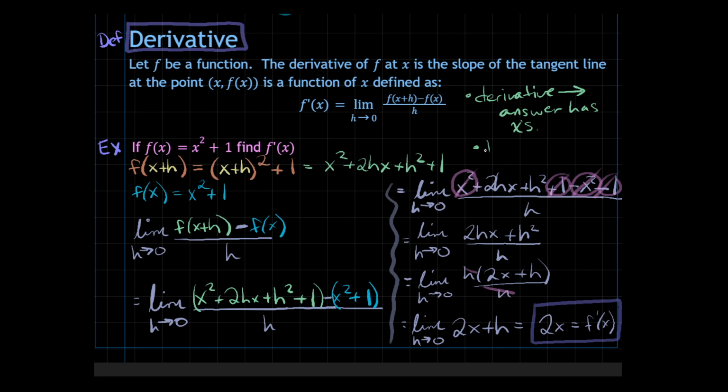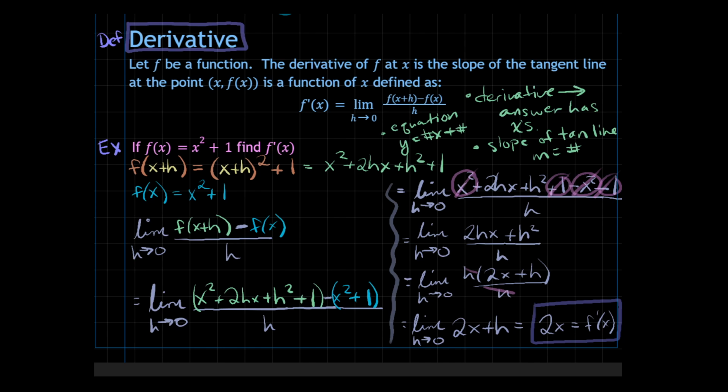When you're asked for the slope of the tangent line, your answer is a number. And when you're asked for the equation of the tangent line, you're going to have some kind of y equals some number times x plus some number as your final answer.